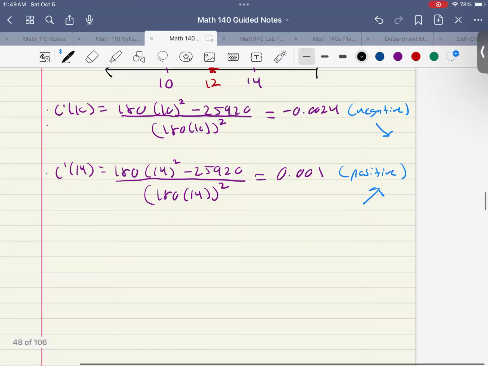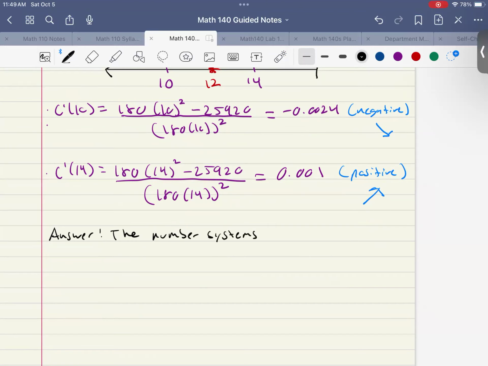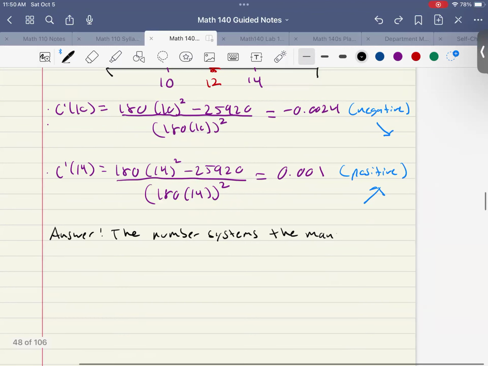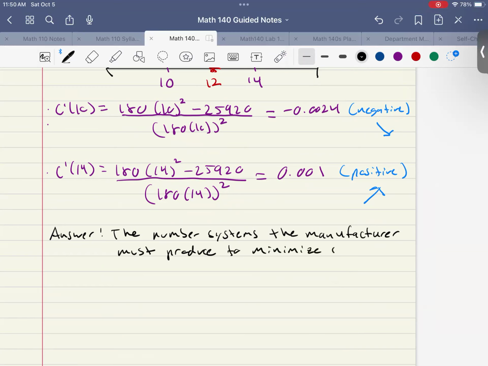So what I'll say here is, answer: the number of systems the manufacturer must produce to minimize cost is 1,200 POE systems, right?